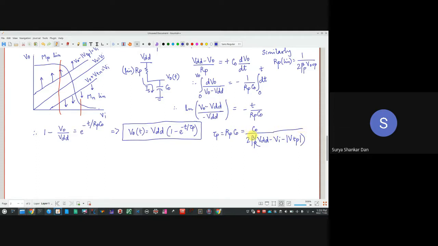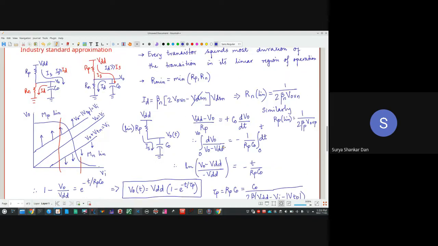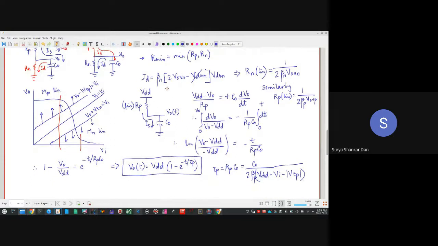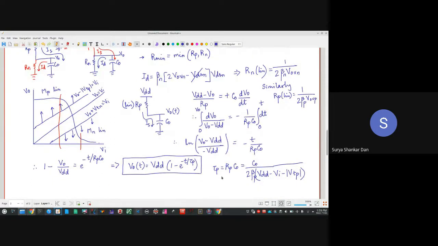Correct? Now, this approximation idea is that we will choose the resistance which is the minimum between the saturation and the linear one. Very good. The most important part is that we are essentially getting a very simple expression of VO just by the RC equivalent.